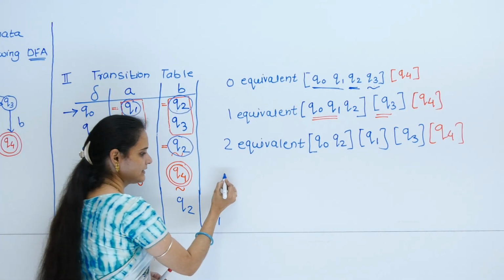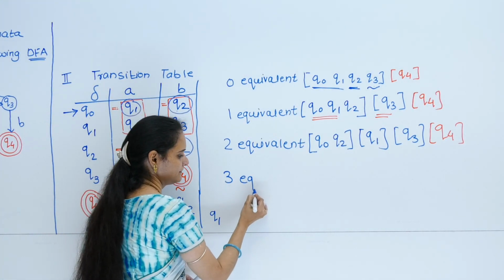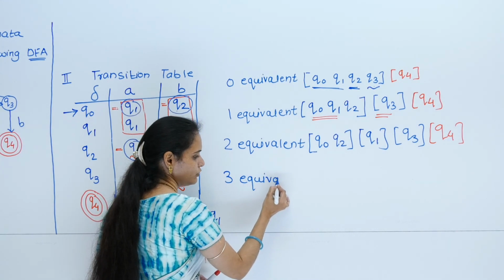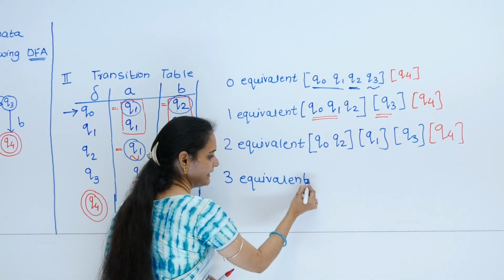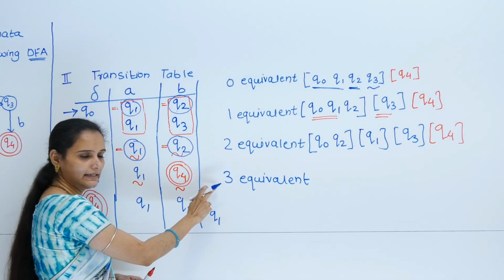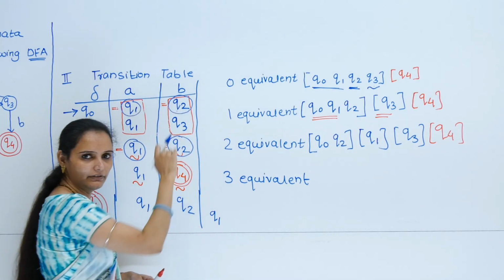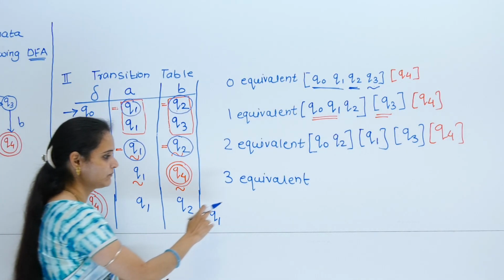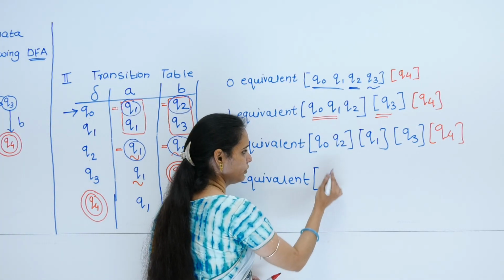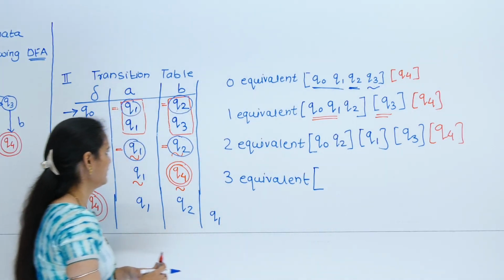Then the next is three equivalent. In three equivalent, we only consider the groups of the two equivalent. Forget about one equivalent and zero equivalent. So take Q0 and Q2.